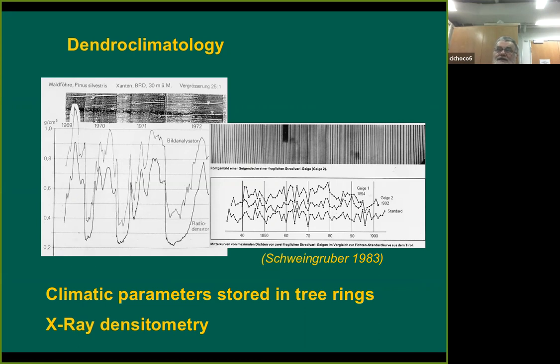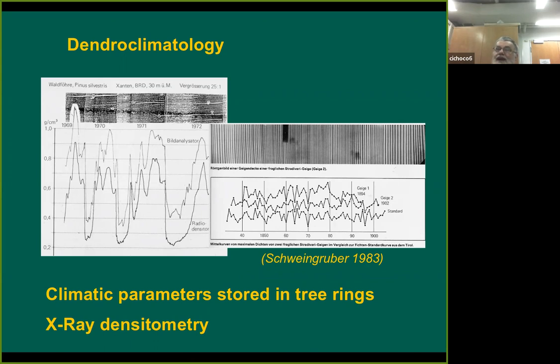Of course, this is only to be done in a very rough, very coarse way, because a tree is a very integrating living being, and you can only find out about average amounts of precipitation and temperature during the growth season. One method is density measurement.